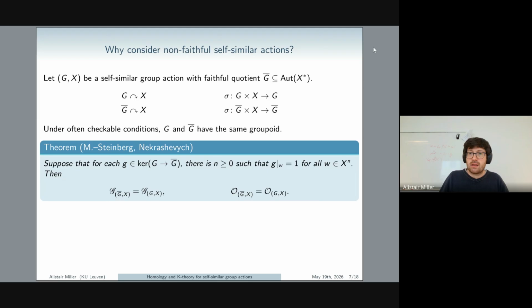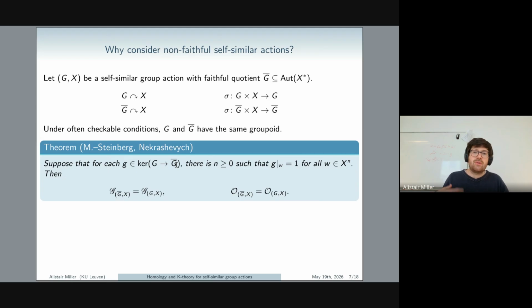And the point here is, don't worry too much about exactly what this says. The point is just that there is some condition that's checkable, and in many nice examples this holds.